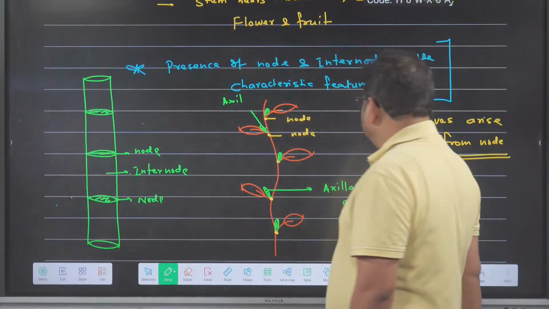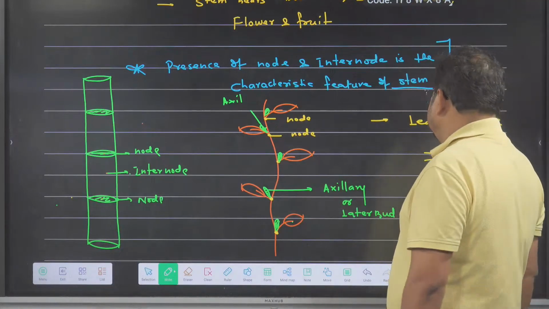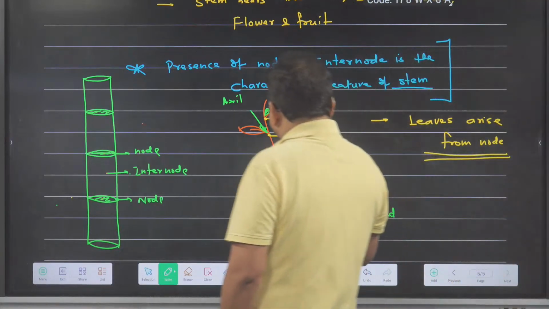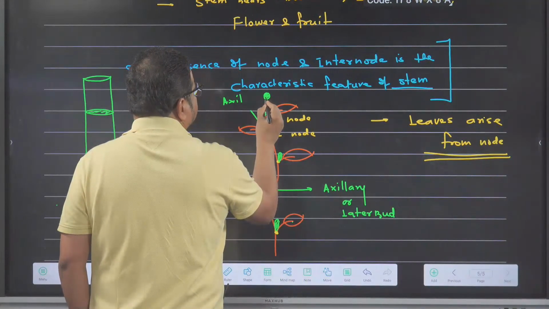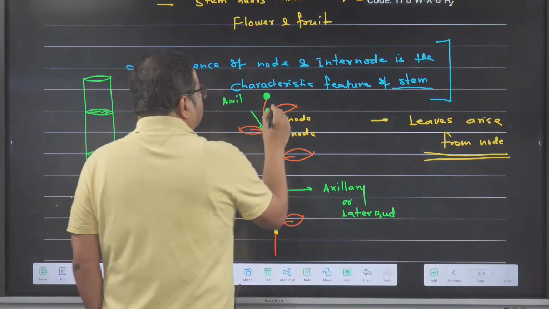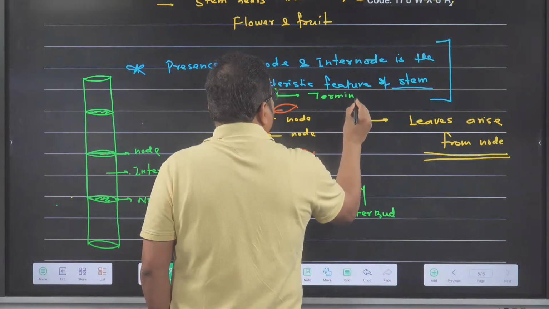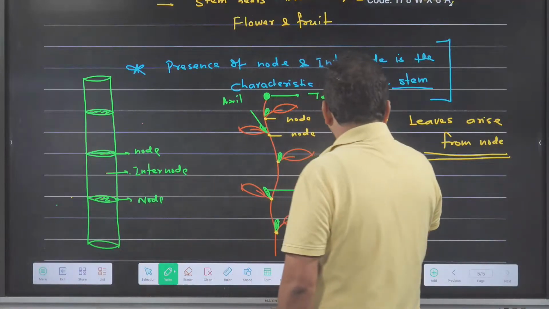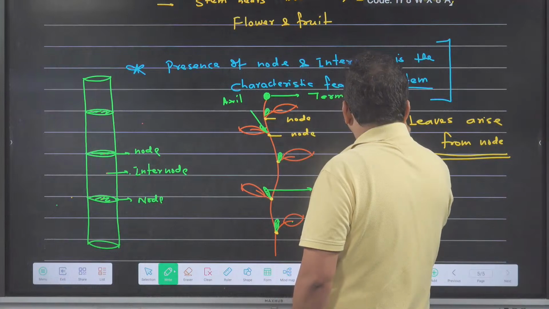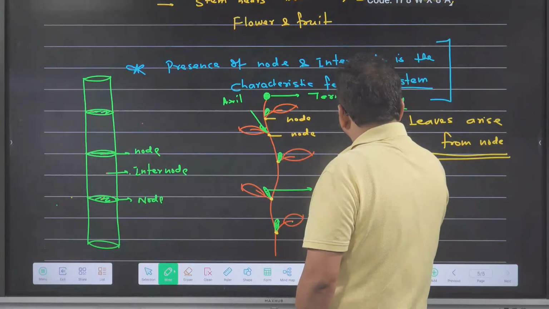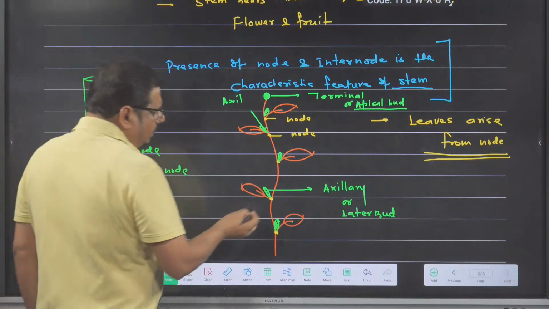Axillary or lateral bud. So buds which are present in the angle of leaf and stem are called axillary bud or lateral bud. Buds are also present on the tip. This bud is called terminal bud, and tip is also called apex, so it is also called apical bud. Got the idea? Understanding the idea? So this is about the axillary bud.